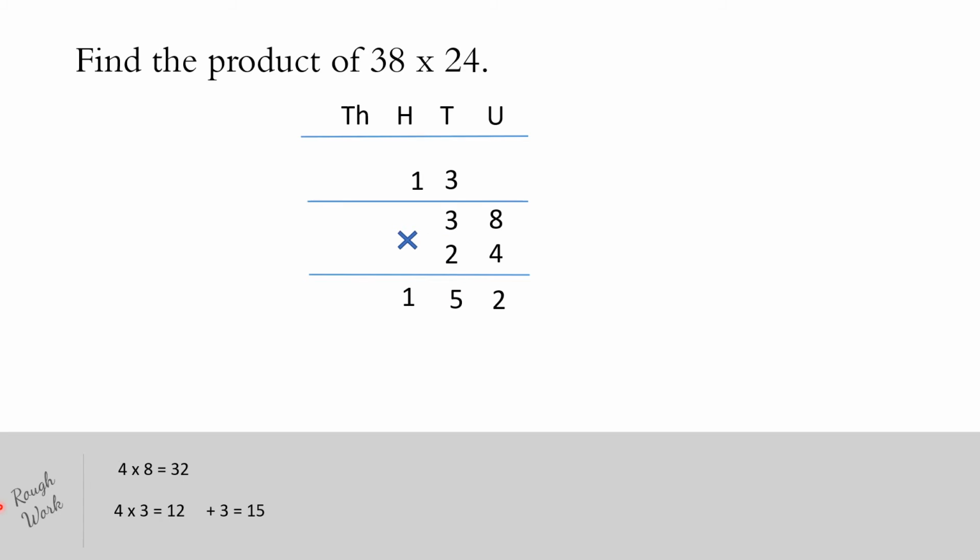But as 2 is at the tens place, we will start our multiplication from the tens place. So we will put 0 at the unit place. Now we will multiply 2 by 8. So 2 8s are 16. We will write 6 at the tens place and carry 1 at the hundreds place.